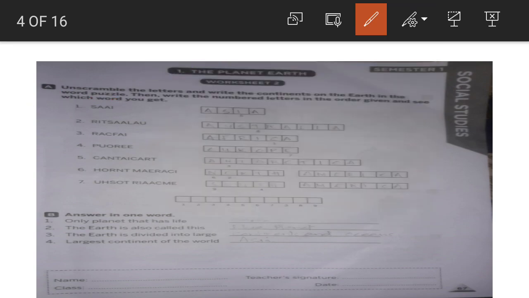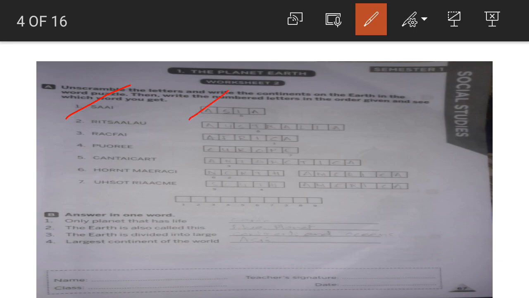Which word comes out? First one, SAAI. Using the same letters, we have to place the letters in order so that we get a meaningful word, the name of a continent. The first one, SAAI. So what is the answer?